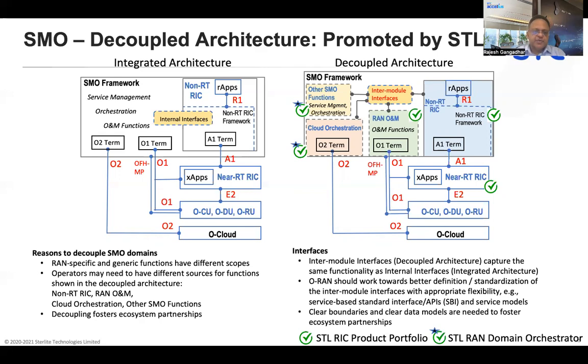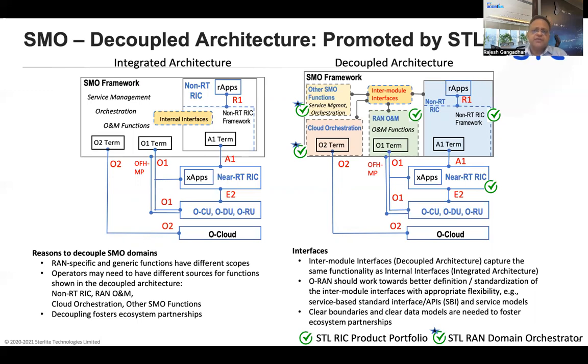This is because we believe that the applications and services that are RAN centric need to have the flexibility for implementation and integration. And the whole idea of an open architecture is that the operators can rely on any vendor's non-RT RIC separate from the SMO functions.